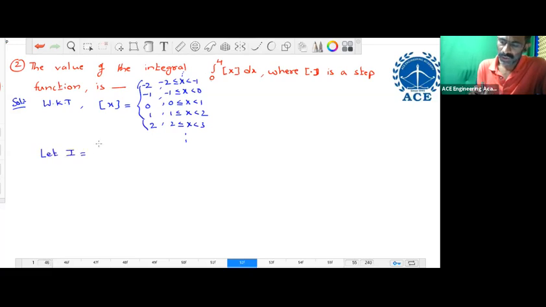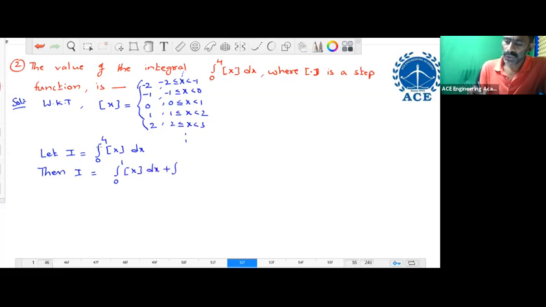Let I equal to integral 0 to 4 of step x dx. Then I equal to, after 0, the next integer is 1. So break this interval at 1: integral of step x dx, plus after 1, the next integer is 2. 2 is inside the interval.